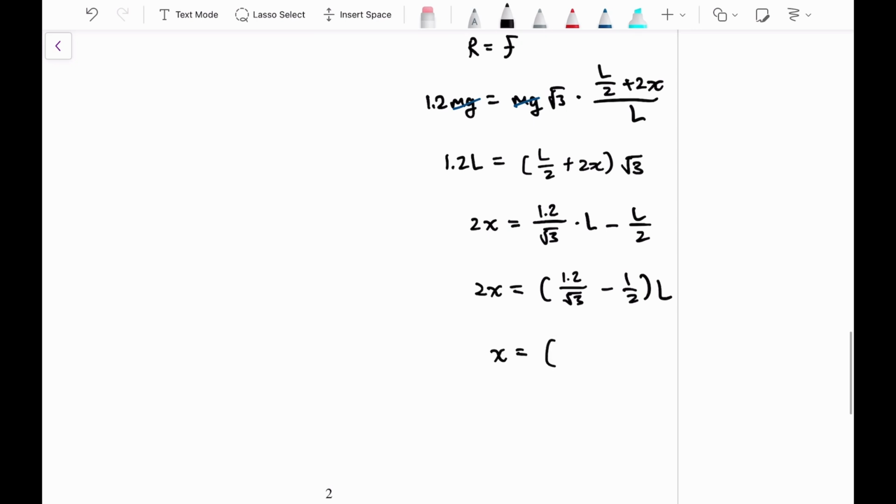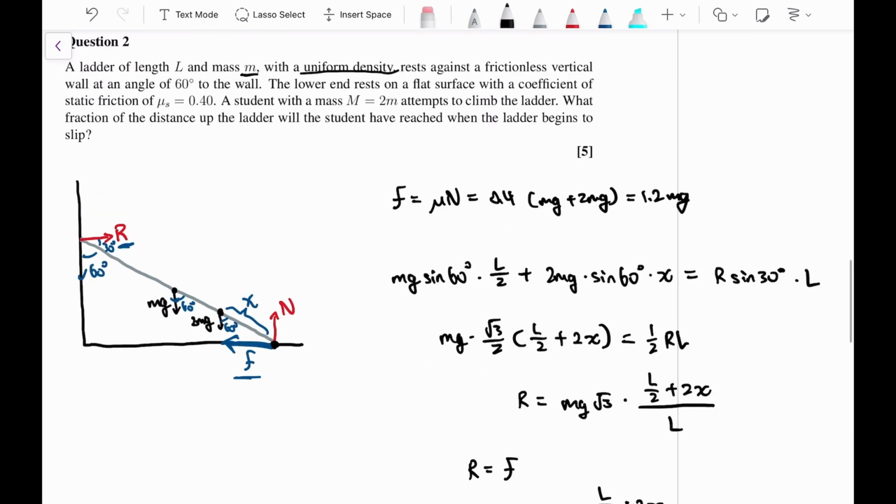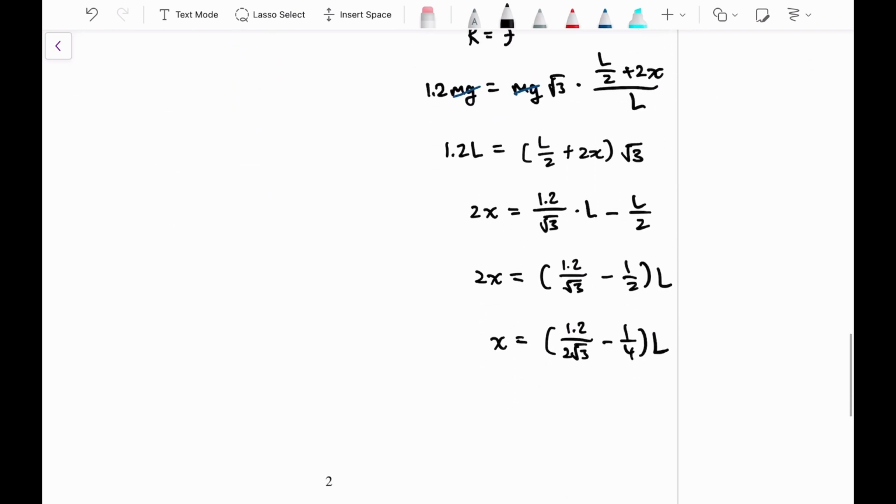And then it says fraction of the distance of the ladder, so we can divide x by L, which will be the fractional distance, and that is equal to 1.2 over 2 times root of 3 minus 1 over 4.